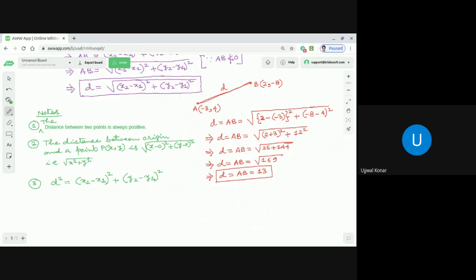Now, if you see, there are total 5 variables here: x1, x2, y1, y2, and d.